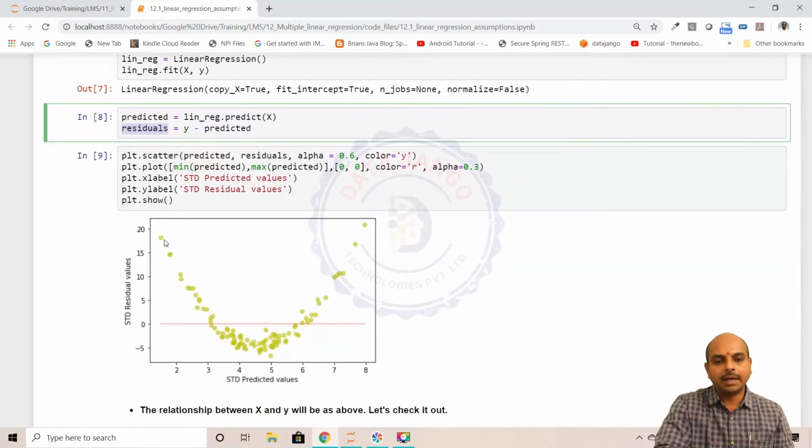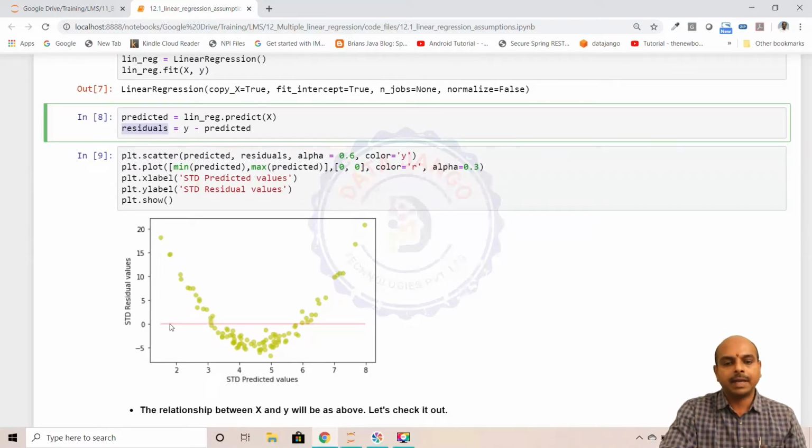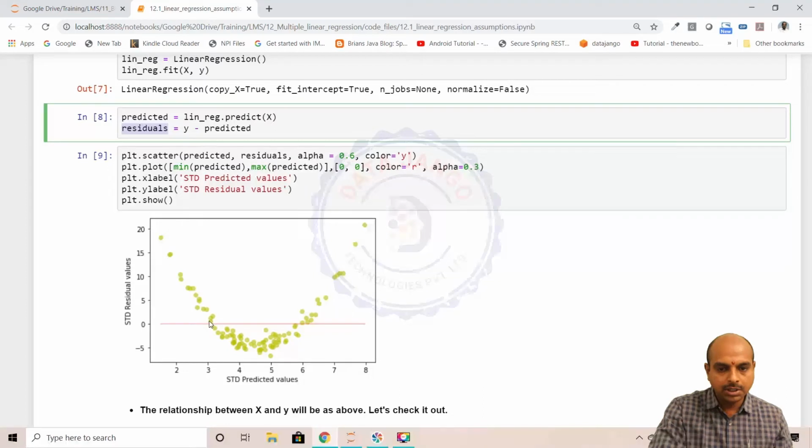When I did that plot, I got a parabolic curve. The dots have formed a parabolic shape, and there is a red line at 0. On the y-axis there are residuals, and at 0 residual I have a red line. That means the dots closer to this red line are predicted well.